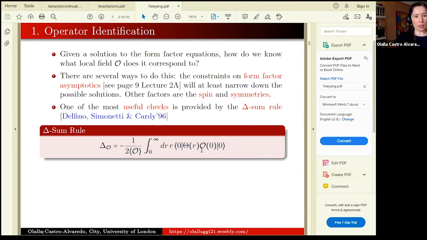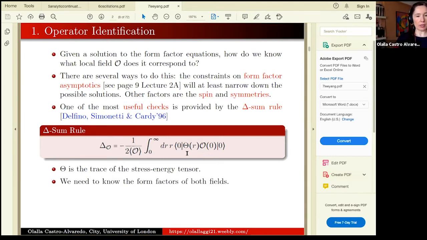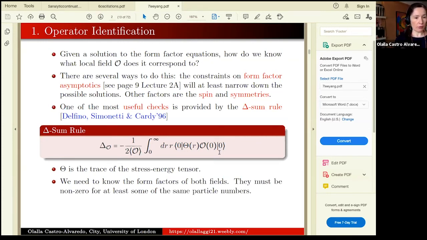This is something that is used very often, but in order to use it, you need to know the form factors of this Theta, the stress energy tensor, and of O, and you need to have form factors such that they are non-zero for the two operators at the same time. So if one of the operators only has even form factors and the other one only has the odd ones, then unfortunately the formula doesn't tell you anything.